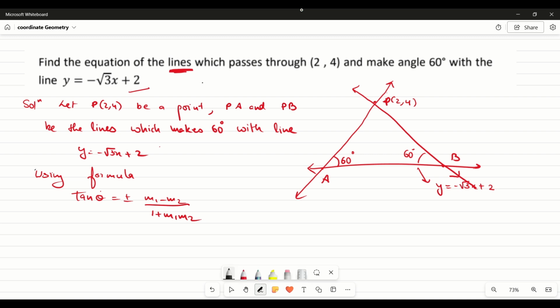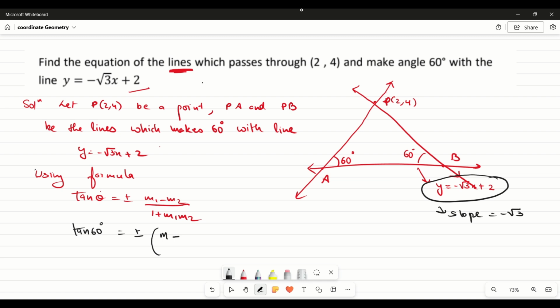Since we know the angle between the two lines is 60, can I write tan 60? For now, we'll consider the slope of the required lines represented by m, and m2 is the slope of this given line.